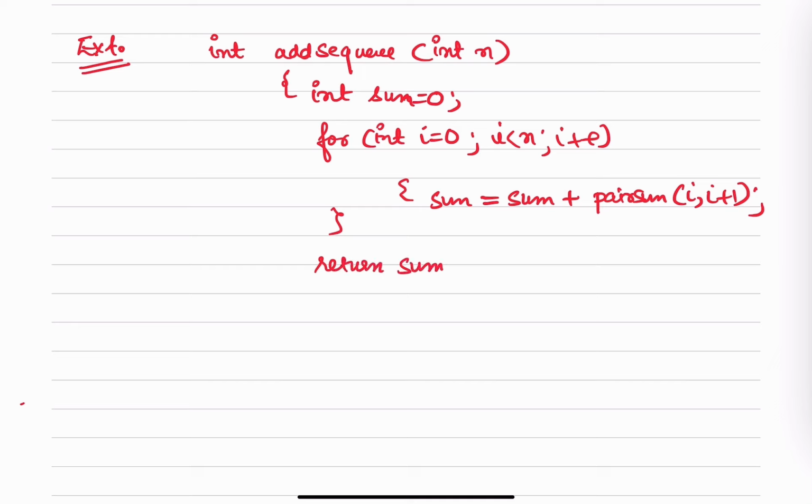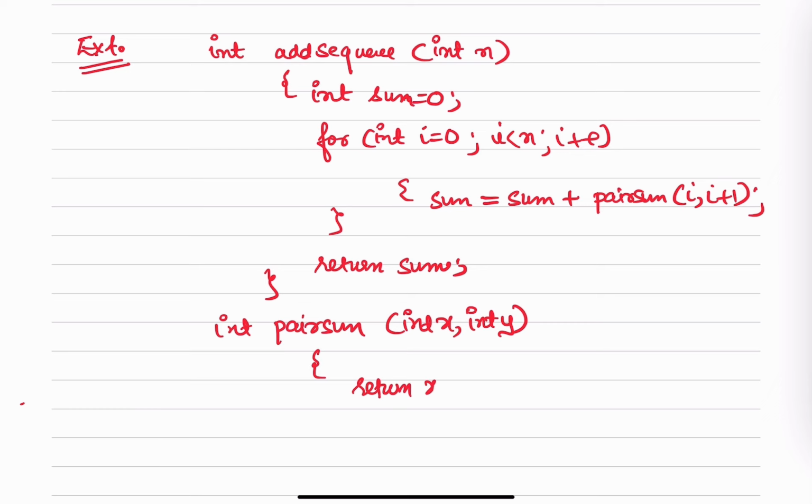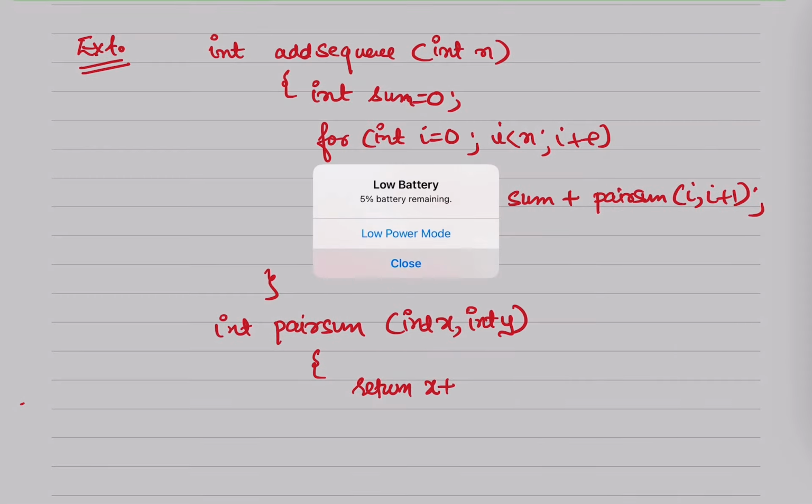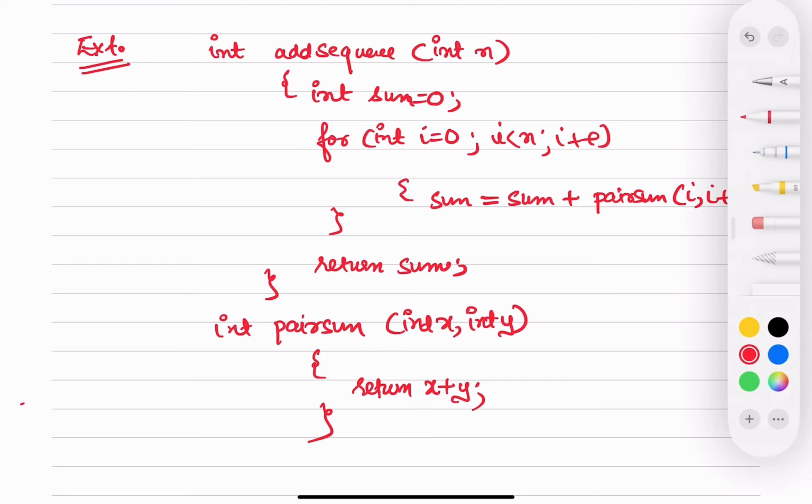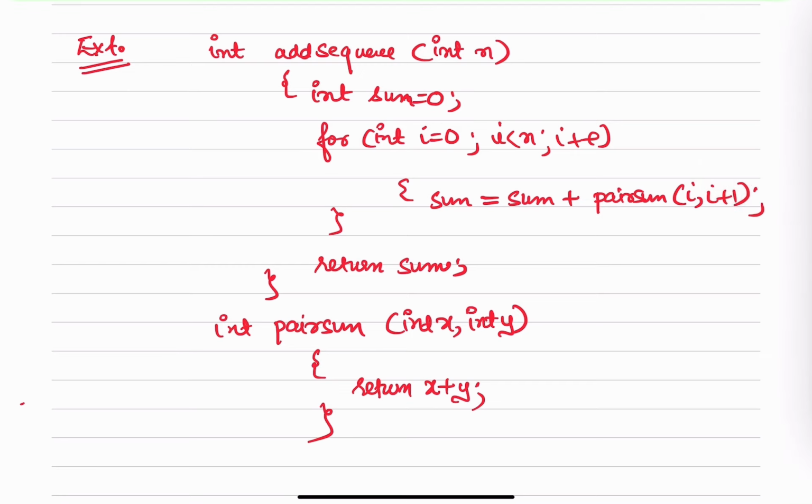Now I'll write this function pair sum, int x comma int y, then I'll return x plus y. So let's say this is a basic algorithm, right?